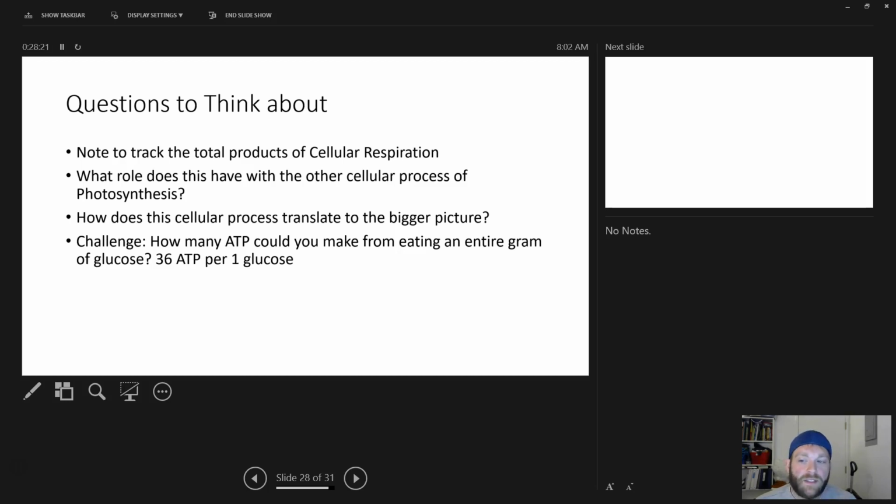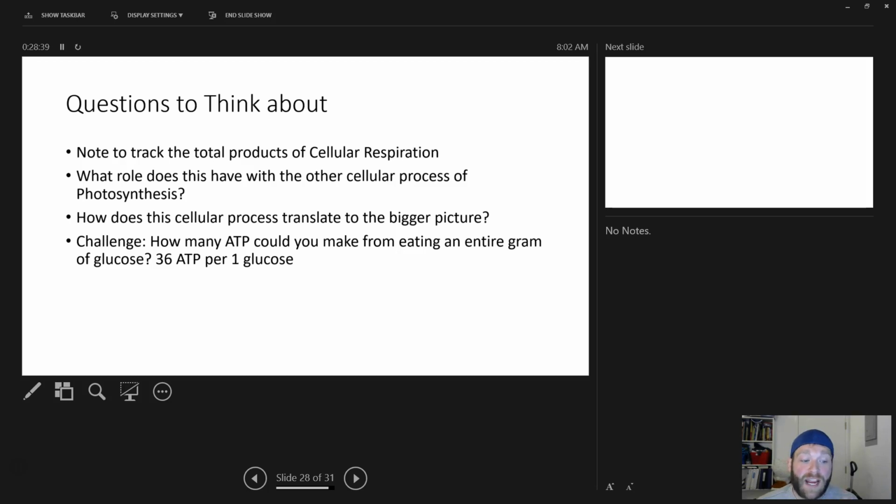Your challenge that I asked you to try: knowing the chemical reaction and knowing that you make 34 ATP per molecule of glucose, I want you to calculate how many ATPs you can actually make from an entire gram of glucose.